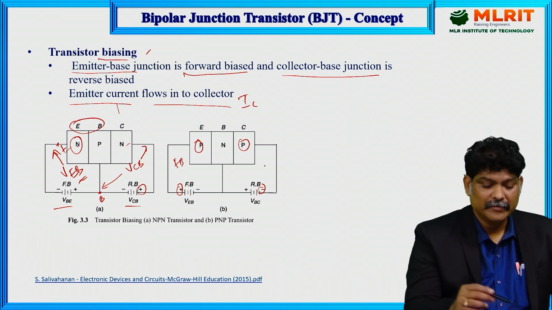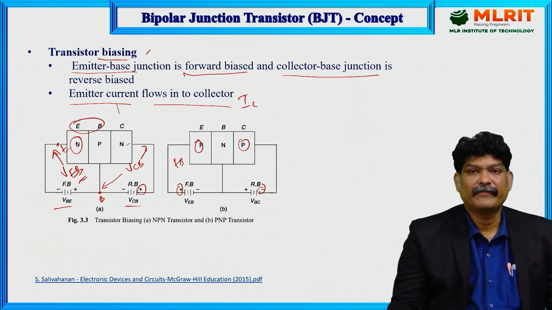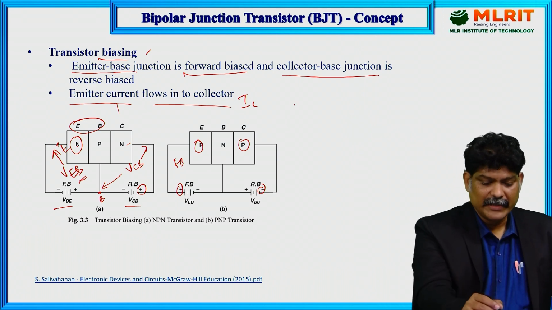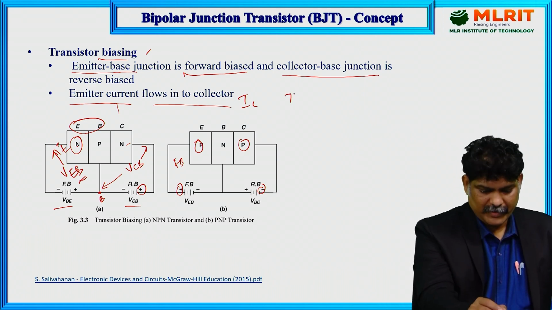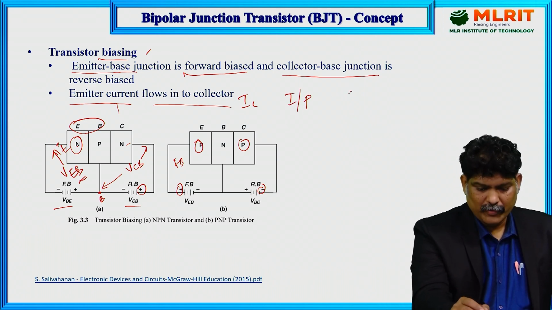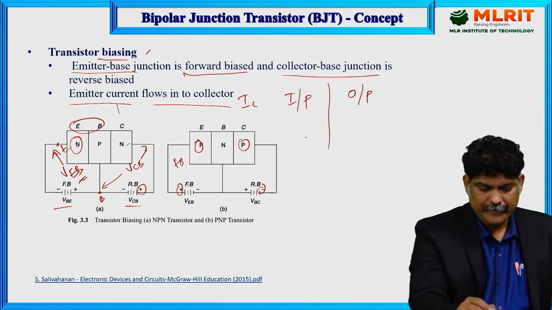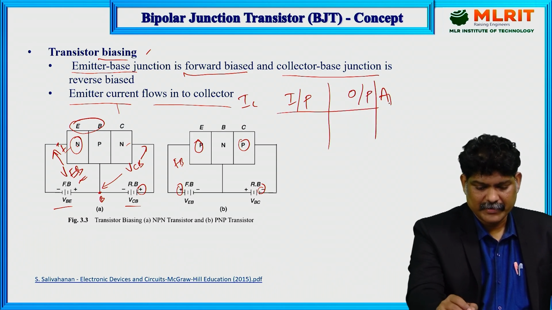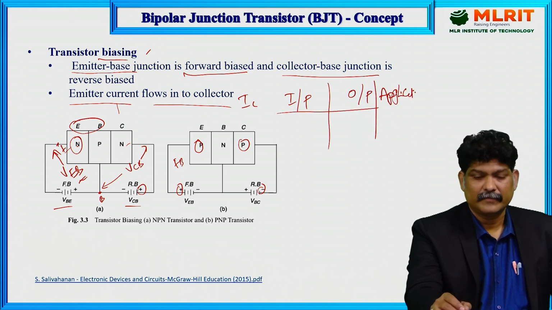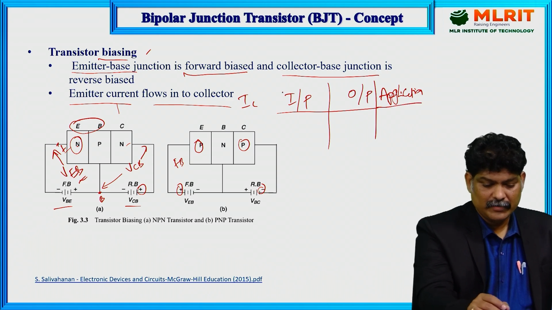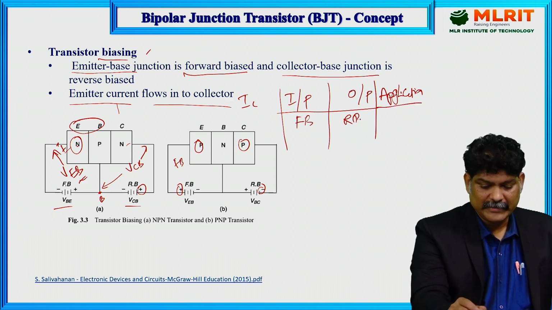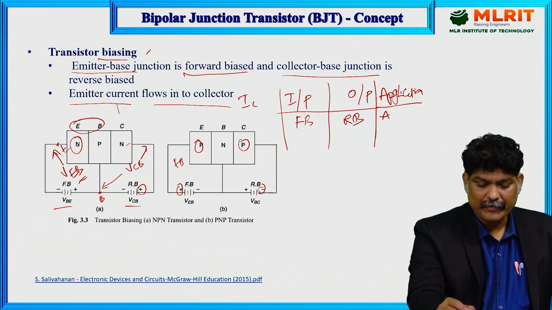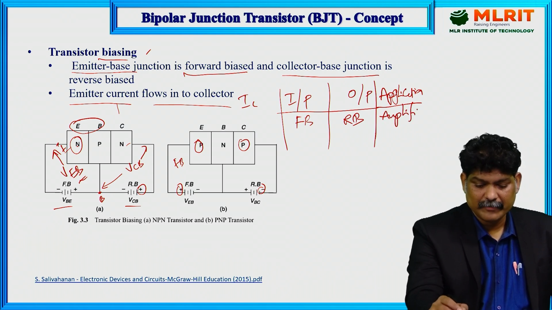So this is mainly for amplification purpose. So we have an input and output, okay, and what is the application? If the input is forward bias and the output is reverse bias, then it can be used for amplification purpose, okay.